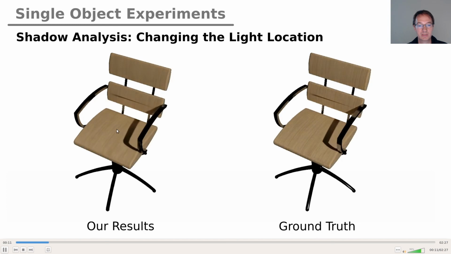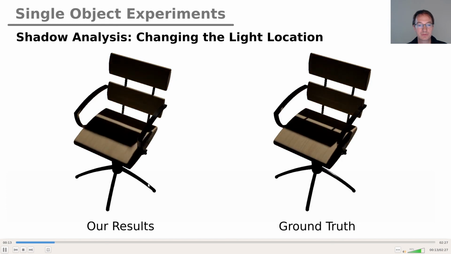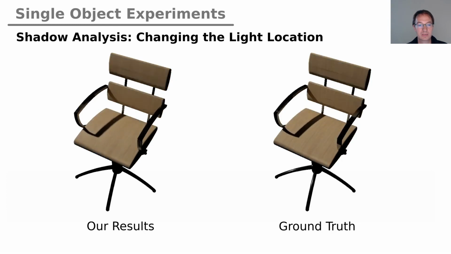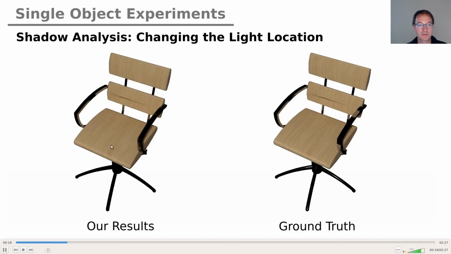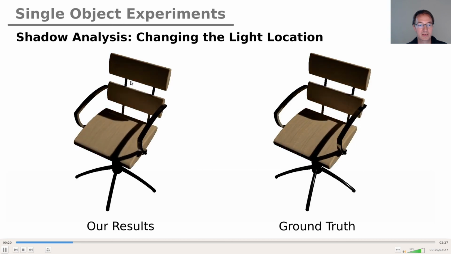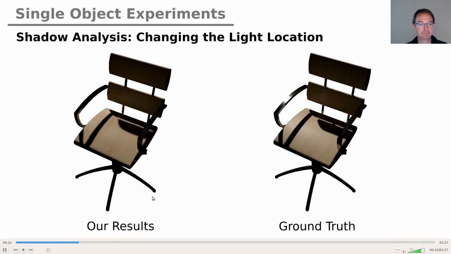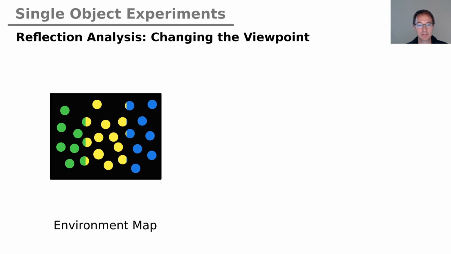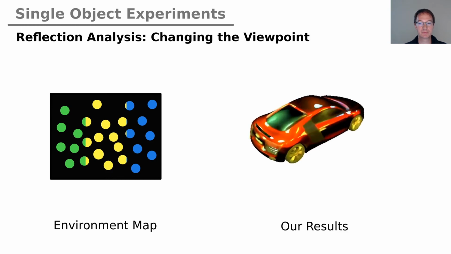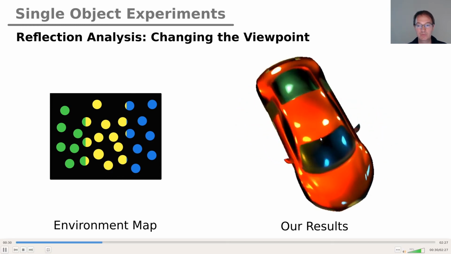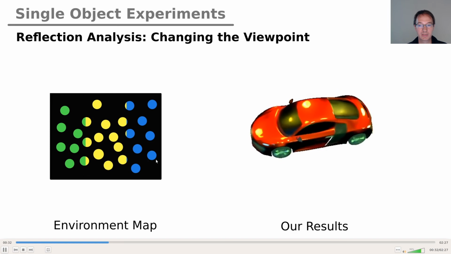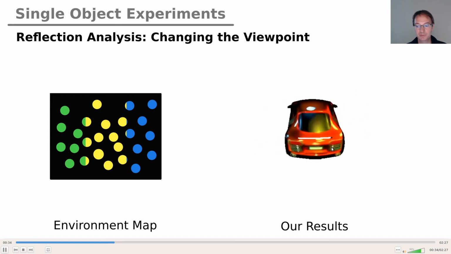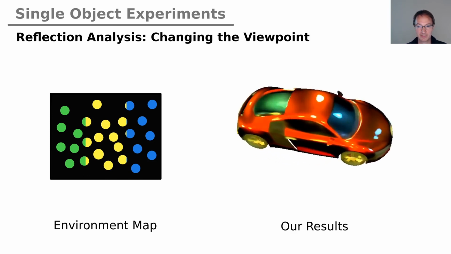You can see on the left our results, on the right the ground truth, and you can see that it can model shadows of the object quite effectively by representing them as this neural network. It can also cope with reflections. So here we have modeled a highly reflective object with such an environment map, and you can see how these reflections move over the surface of the object.